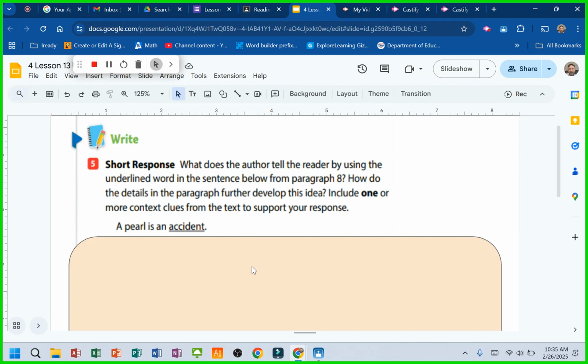Accidentally. How do the details from the paragraph further develop this idea? You've got to go read paragraph 8 a couple of times. Include one or more context clues from the text to support your response. You're going to find the word accident, and you are going to tell us how it's being used. The word spring. I'm going to say it out loud. Spring.